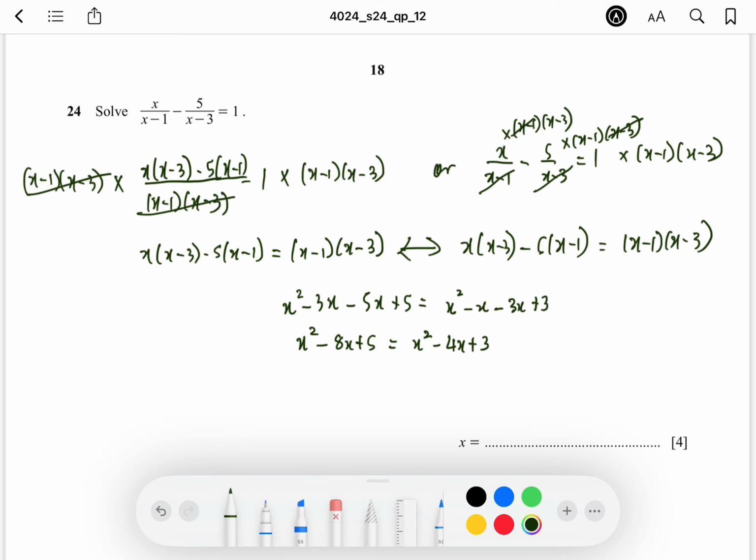So, simplify dulu that one. And then, you further simplify this. Okay. Collect the like terms. Mana saja. Okay. I can do minus x square both sides.